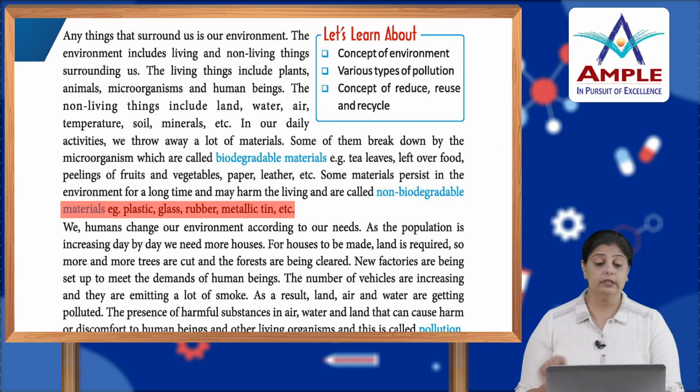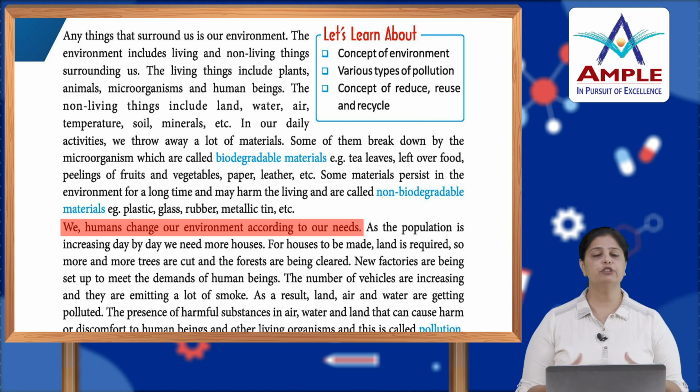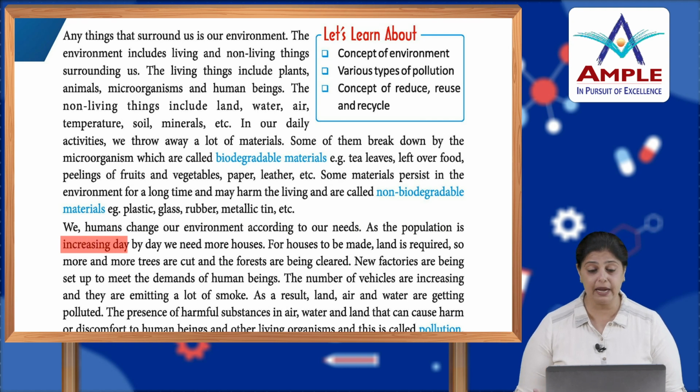Now we humans change our environment according to our need. Whatever we require, we try to use the environment for it. We know that the population is increasing day by day and we need more houses. So, for houses to be made, we require land. So, more and more trees are cut, and forests are being cleared.